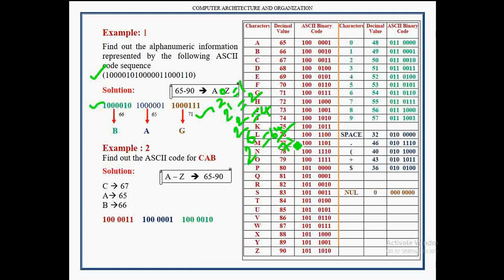Now it's very easy to find out the corresponding alphanumeric character because we know the decimal value sequence 65 to 90 is equivalent to the ASCII code that represents the uppercase alphabets A to Z. Since 71 is the 7th decimal value in this sequence, it represents the 7th alphabet, that is, uppercase G.